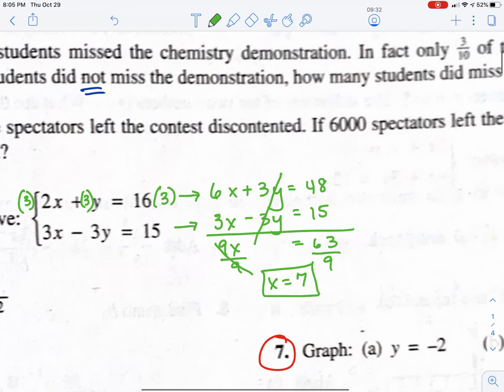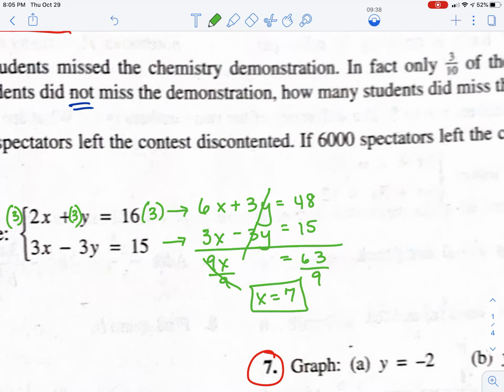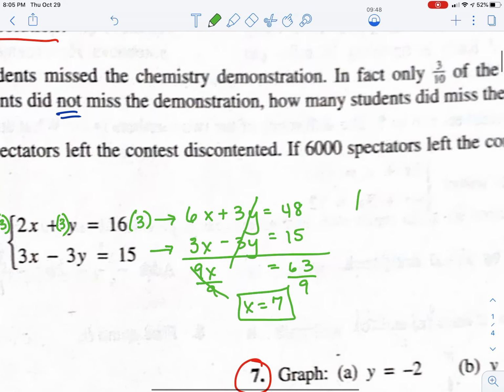Now I'm going to take that x value and plug it into the simplest of the equations. Usually I pick the easiest one, so I'm going to take the first equation. The reason I would pick that one is because I notice it has just a y term in there. It'll just make my math a little bit easier. So I'm going to draw a line here, and rewrite just the first one as it originally appeared in my system.